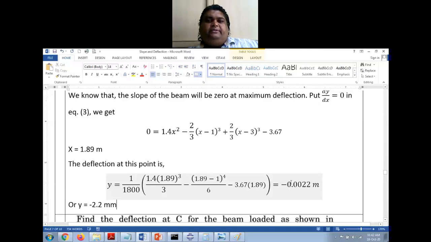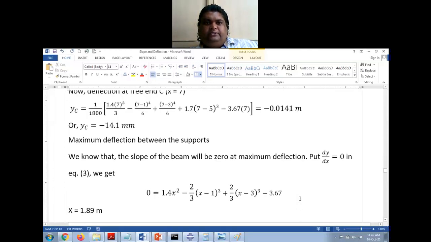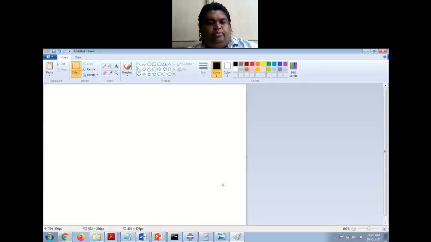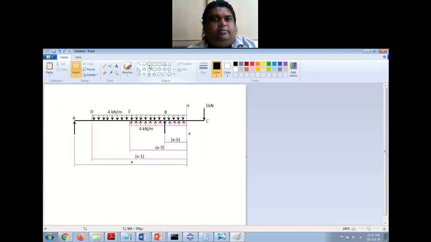Negative sign indicates that the deflection is in the downward side. Here also the deflection is in the downward side. So the beam is bent something like this.